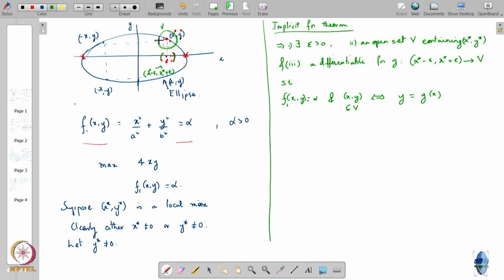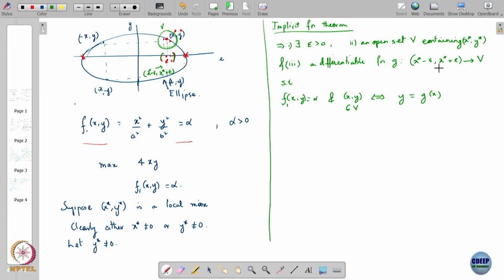So, in one direction, it means that if you look at any point that is on the ellipse and in this small neighborhood V of x star y star, then that point can be expressed in this way: y is a function of x, y equals g of x, and x of course lies in this domain.